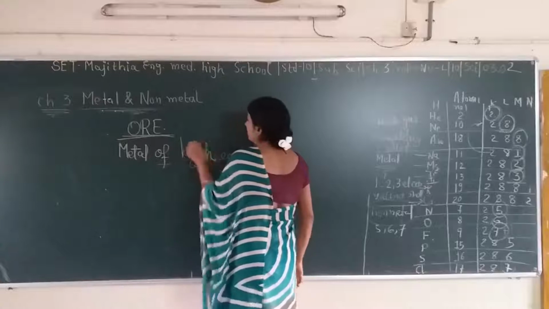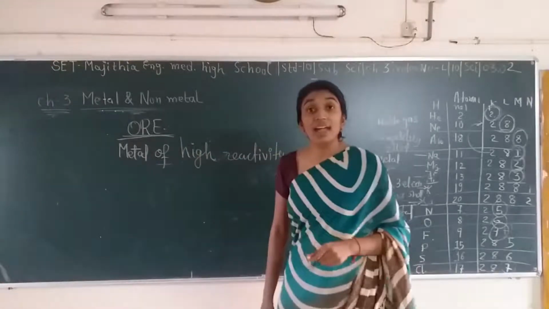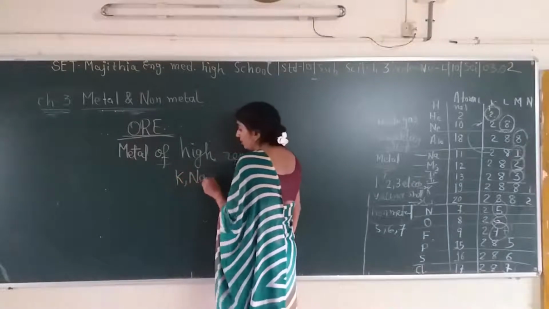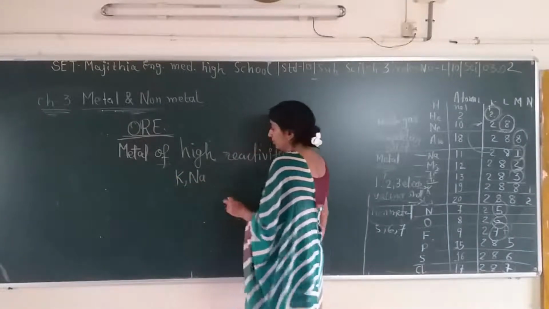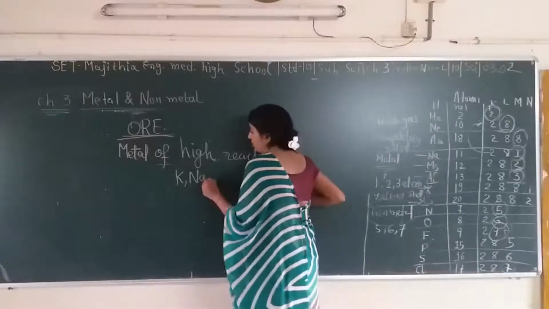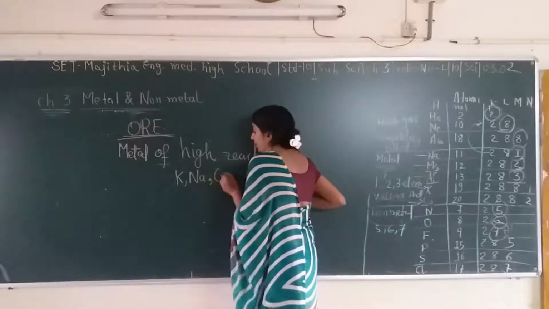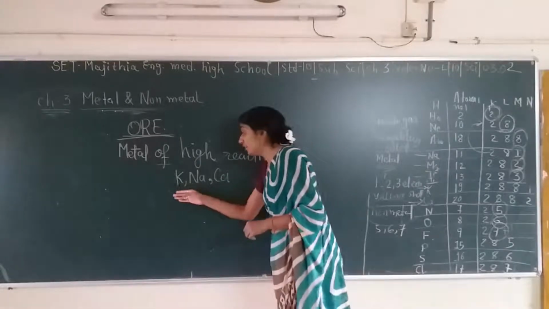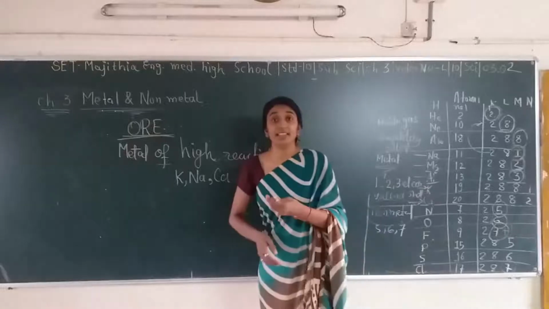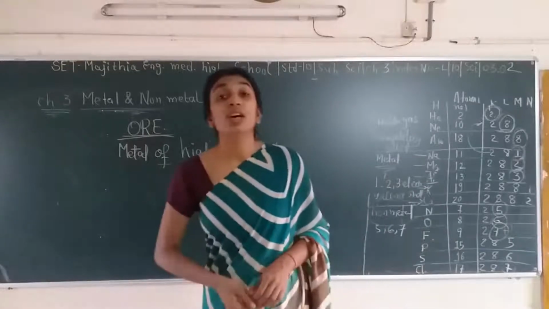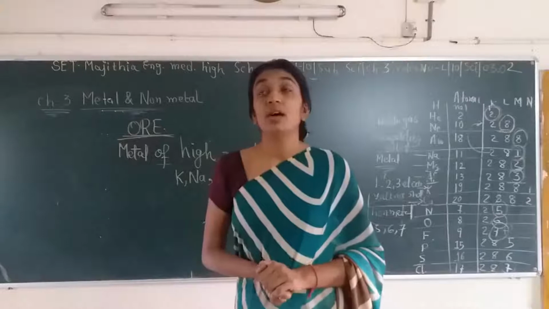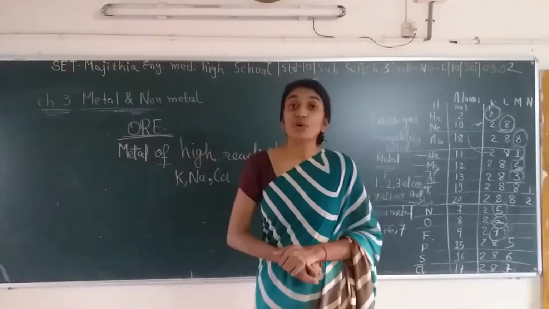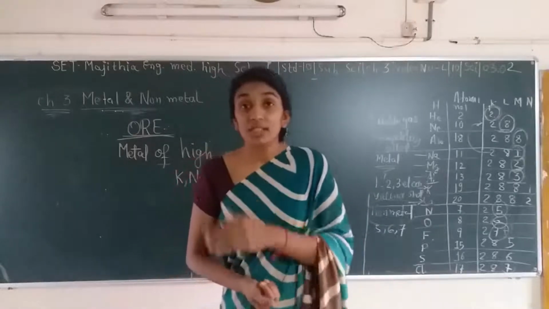High reactivity. The metals of high reactivity are potassium, sodium, calcium. Okay, these are examples of highly reactive metals. To understand this, we can also memorize a series called the reactivity series, which is given in your textbook.